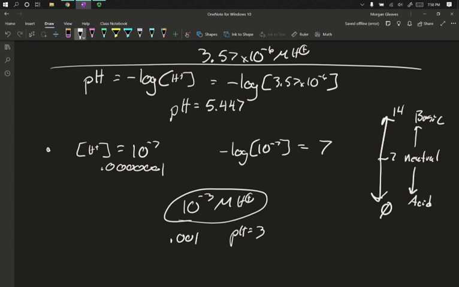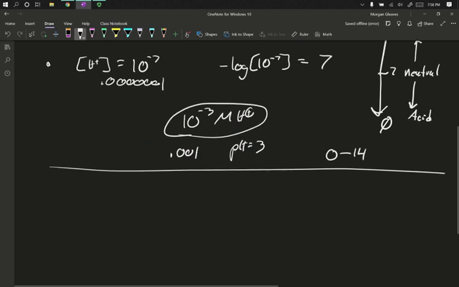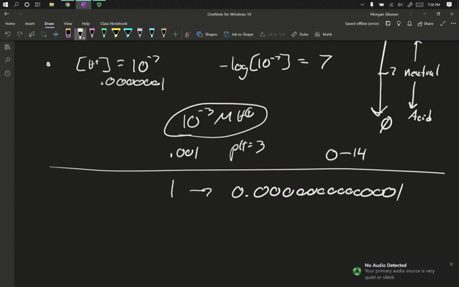As you go down in pH number, you actually go up in H+ concentration. As you get a larger pH, you go down in H+ concentration. But it still means the only numbers we have to talk about range between 0 and 14 instead of 1 and 0.